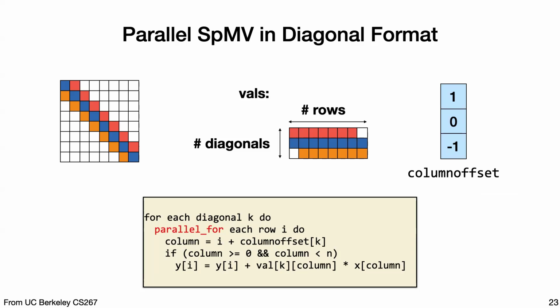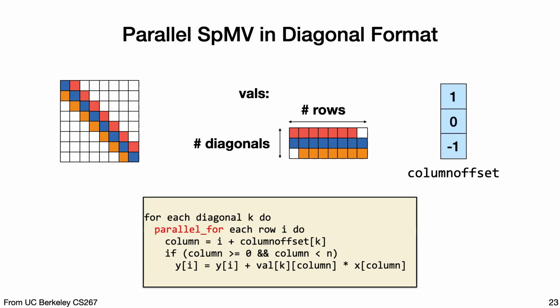If you go one up, like this red one, the column ID is row ID plus 1. And similarly with the orange one, the column ID is row ID minus 1. And so going on like this, then you don't actually ever need to store all the column IDs. You can just store the offset if you have such perfect diagonals like this.